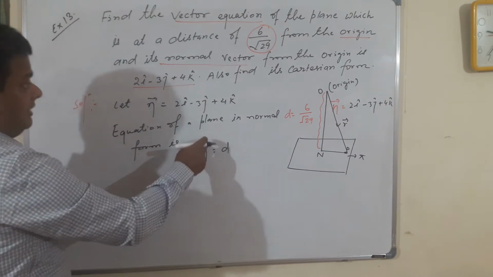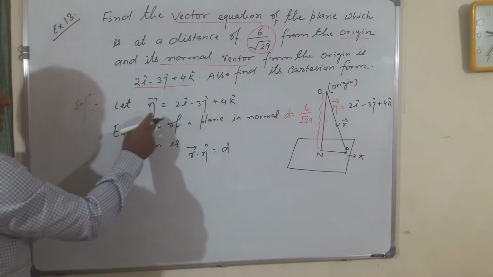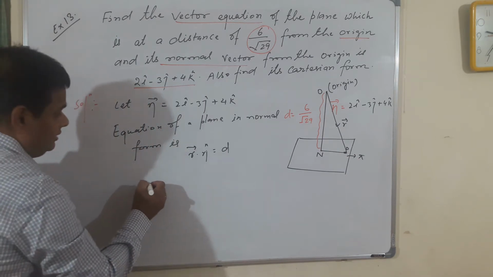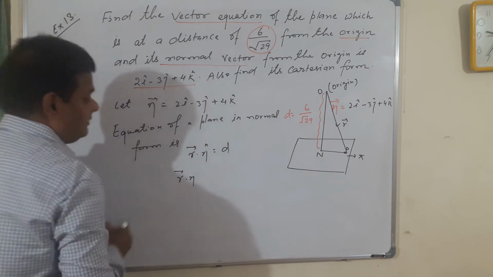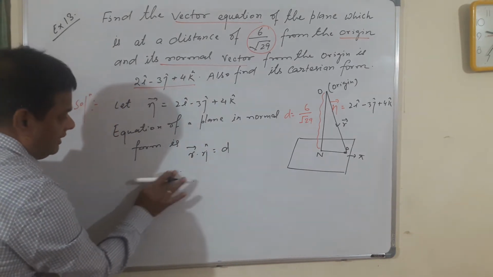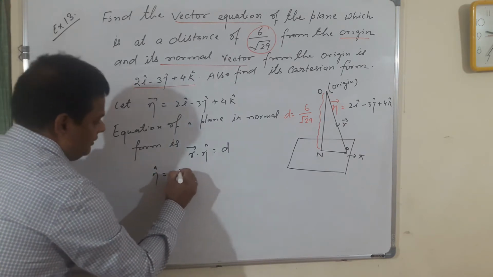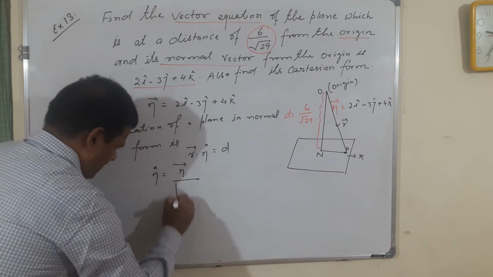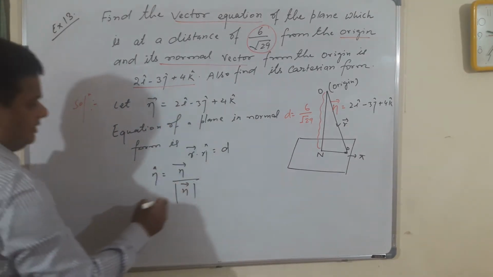So here we need the unit vector, but we have vector n. So convert vector n to a unit vector by dividing by the mod of vector n. Unit vector n is equal to vector n divided by mod of vector n.